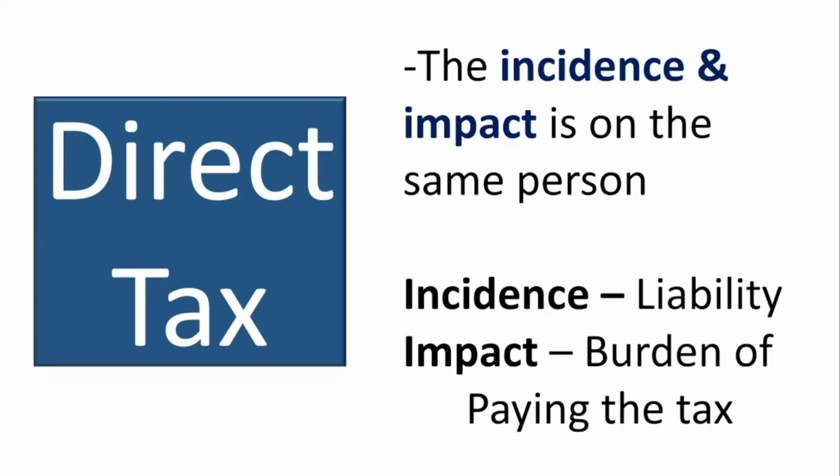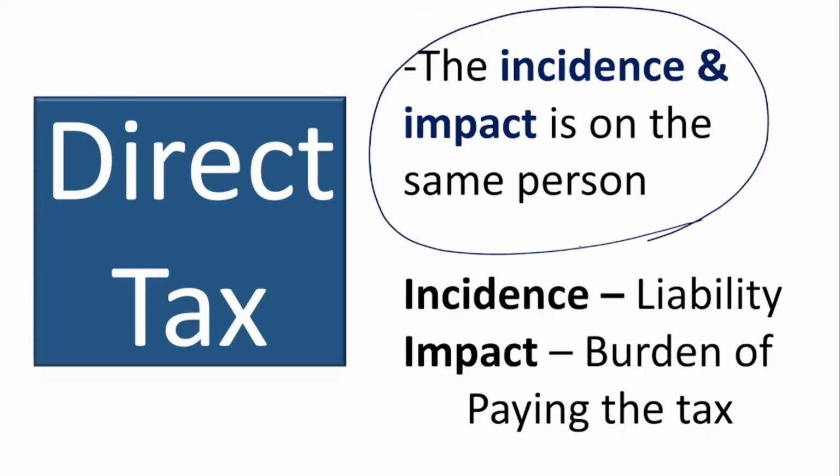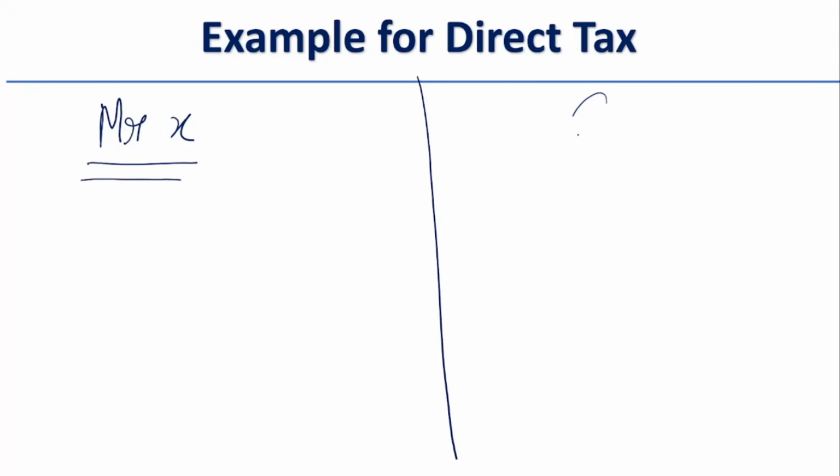Now let us try to understand this statement by taking up an example. Here there is a Mr. X. He is a citizen of India. On the other side, there is the government, and on one side we have Mr. X, a person.